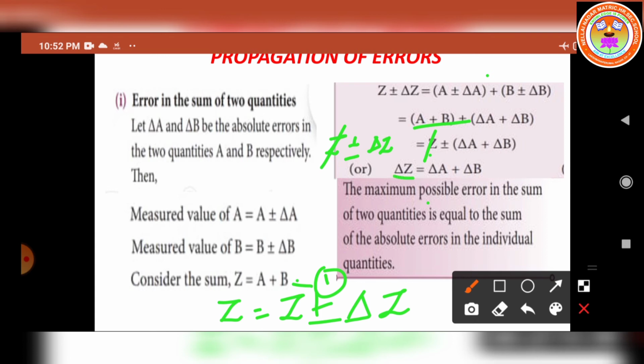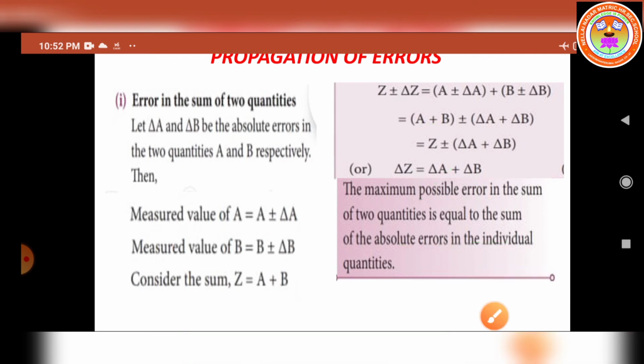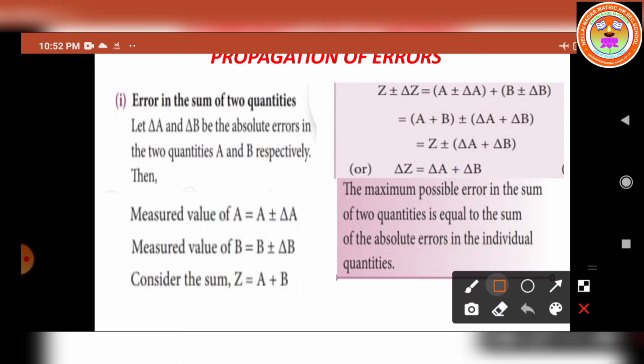So delta Z is the maximum possible error in the sum of two quantities, equal to the sum of the absolute errors in the individual quantities, the A quantity and the B quantity. So what is the final formula here? Delta Z is equal to delta A plus delta B. So this is the error in the sum of two quantities formula.